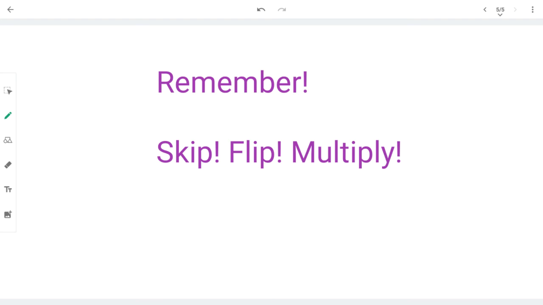And here's a tip. Remember, skip, flip, multiply. So when you see a problem like 1/4 divided by 5, it really means skip the first number and don't touch it.